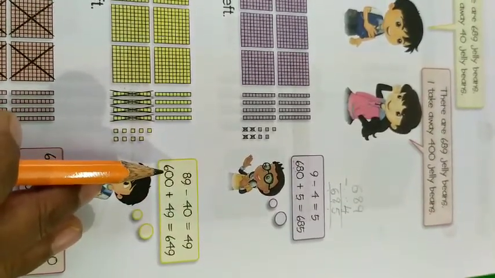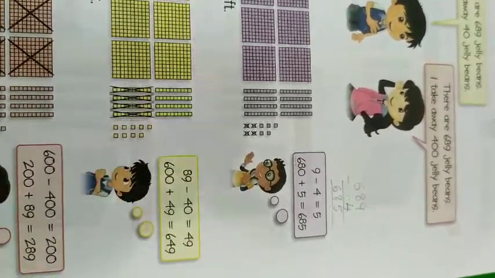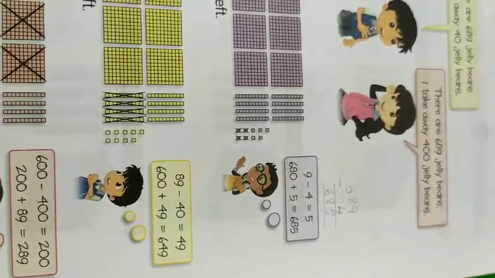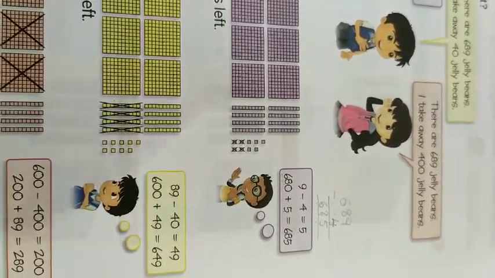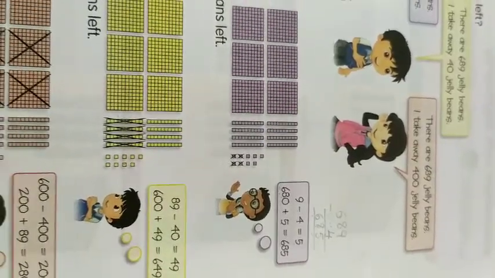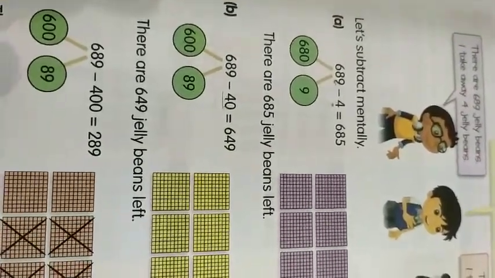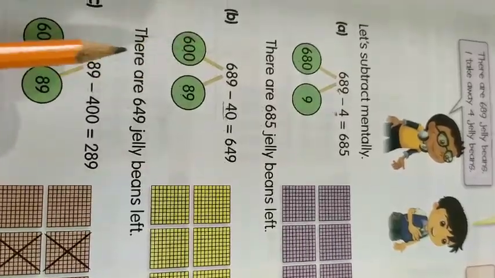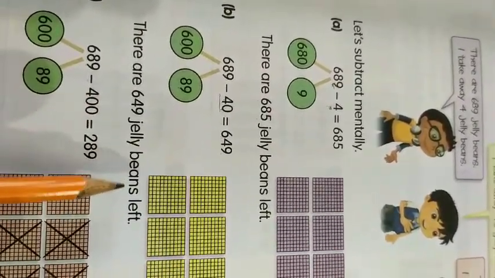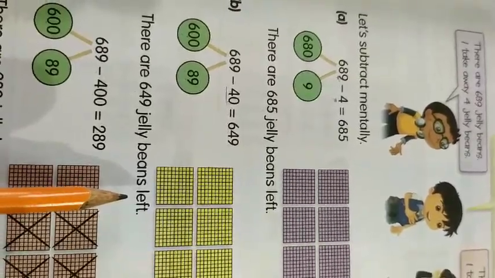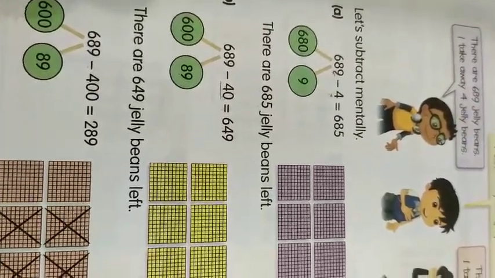It's clearly written 600 plus 49. So 600 plus 49 is equal to 649. So there are 649 jelly beans left. Okay, this is the mental maths that we are doing now.